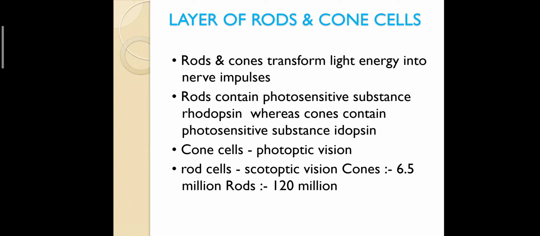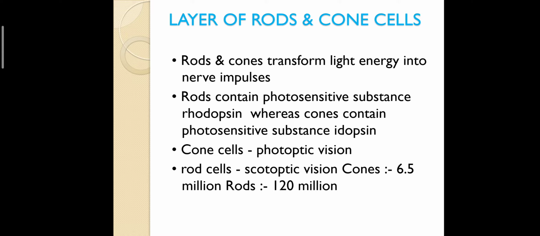Then next comes the layer of rods and cones. Like you can see in that picture, after the RPE it is the layer of rods and cones. As you know, the rods and cones contain photosensitive substances which are responsible for generating impulses in the visual pathway.